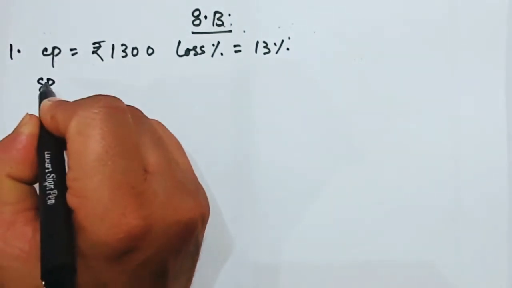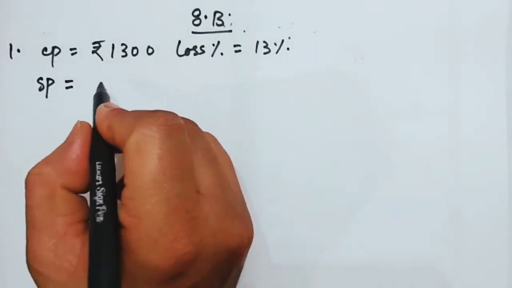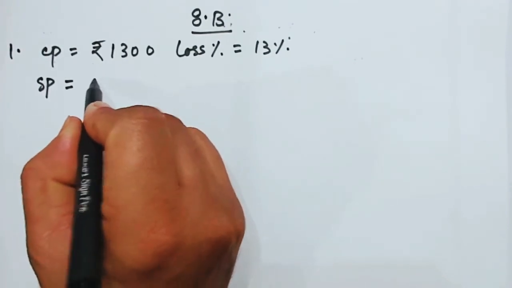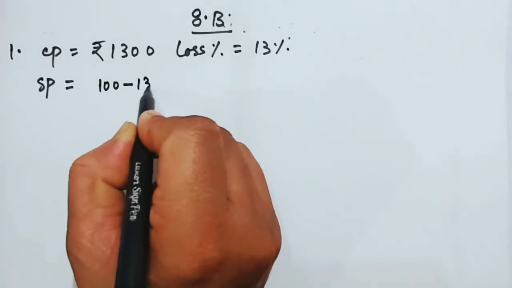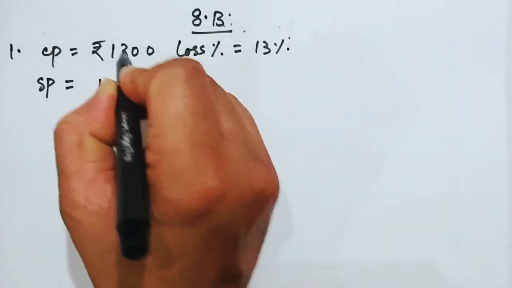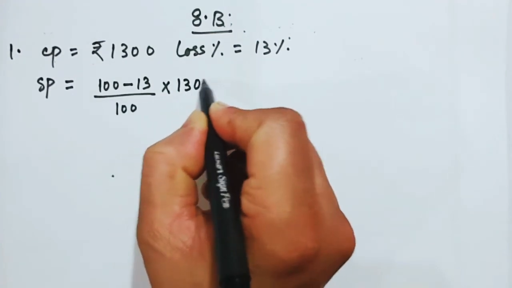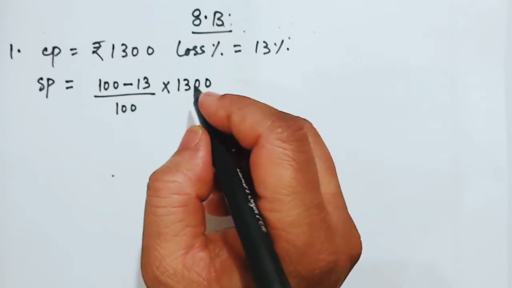And they are asking you to find the selling price. Of course I can find the selling price because I know the formula, that is (100 minus loss percent) by 100 into cost price 1300. Every time I am not going to write the value, write the formula.